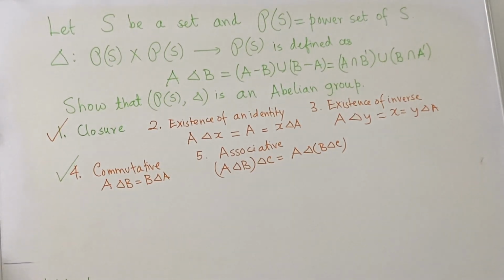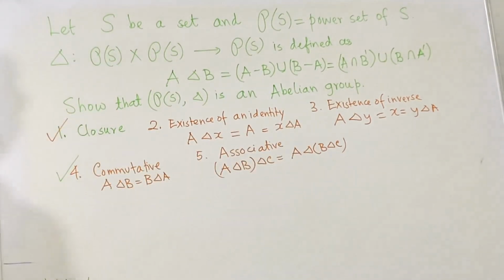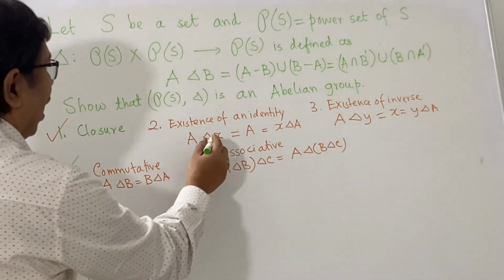So commutative is also true. A delta B is equal to B delta A. Now commutativity will help us in proving 2 and 3, which is the existence of an identity and existence of inverse. So let us first look at identity.